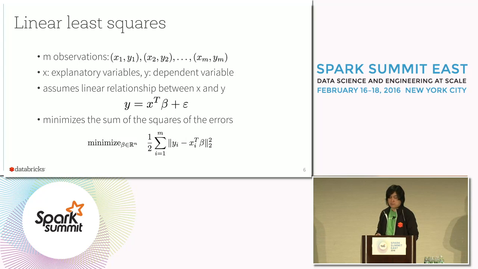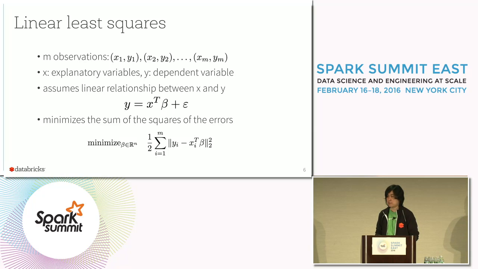So for this linear model, we assume there's some linear relationship between x and y. So you can express y as x transpose beta, some coefficients you need to estimate, plus an error term we call epsilon here. And in order to estimate this linear model, you want to define an objective and then minimize or maximize this objective.